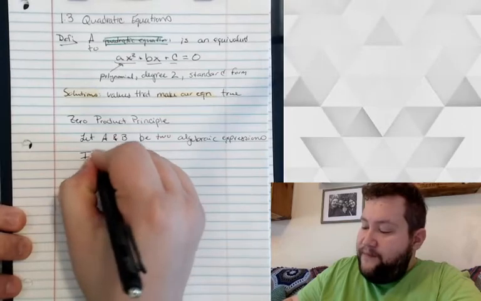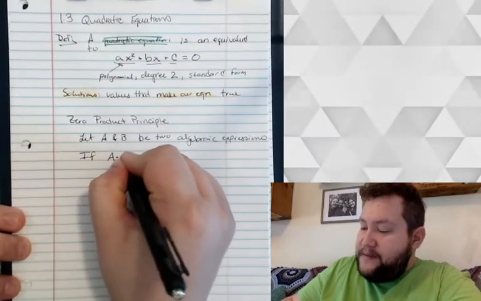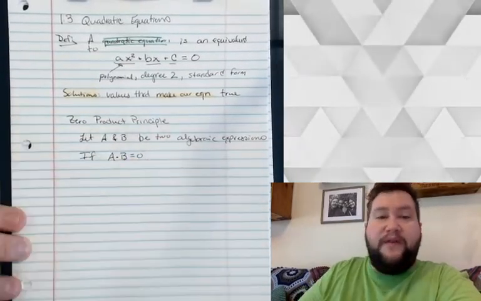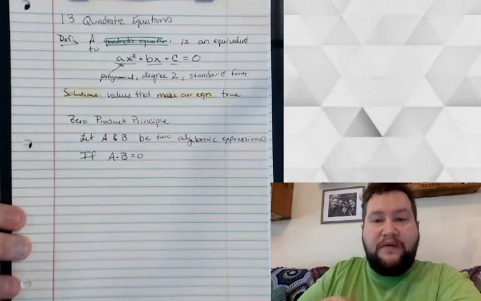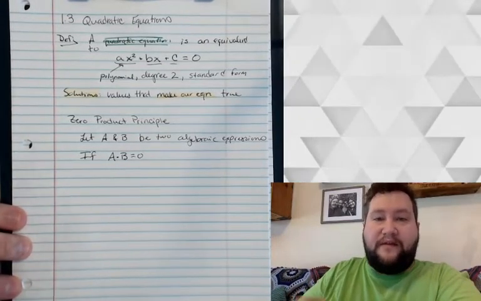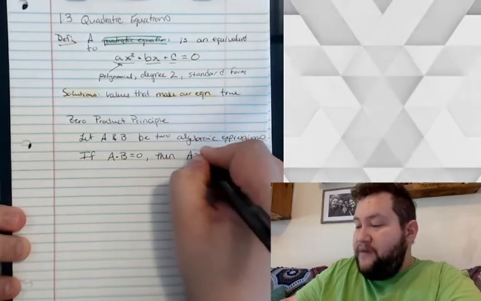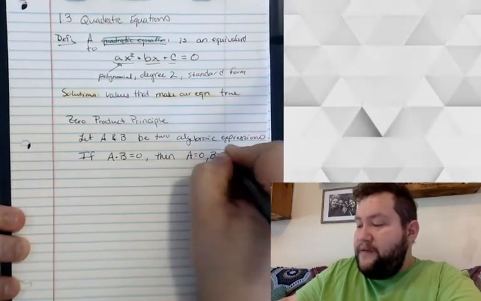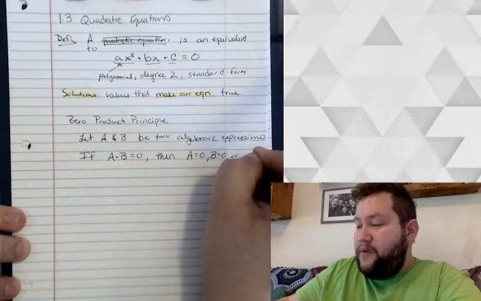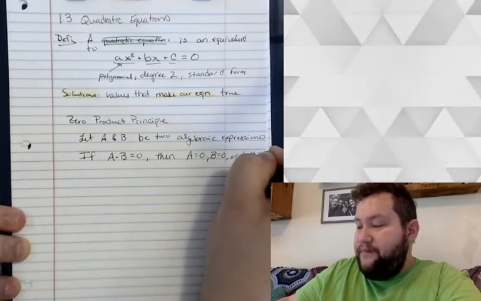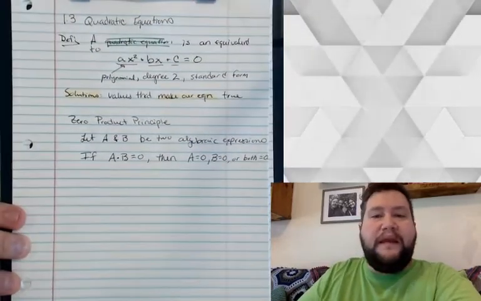If A times B is equal to 0, so if we take two things and multiply them together and we get 0, then we know A equals 0, B equals 0, or both equal 0. Let's think about that.